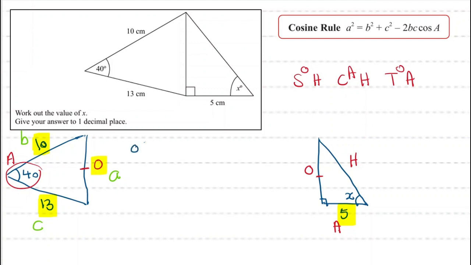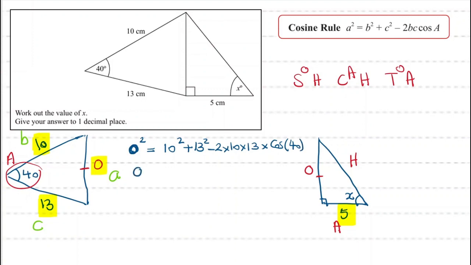So we write O squared, this is the letter O, O squared equals 10 squared plus 13 squared minus 2 times 10 times 13 times cos of angle 40 degrees.